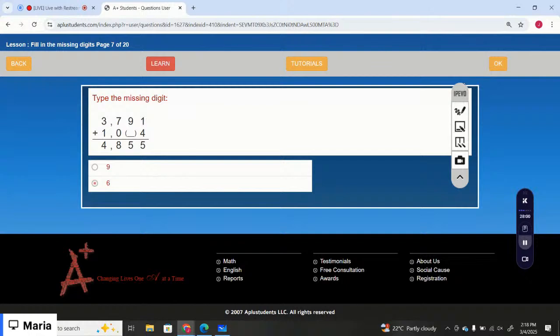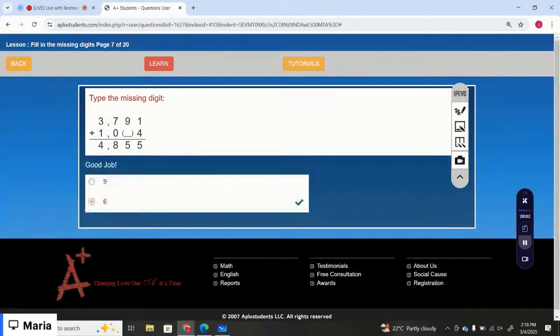That is 6. The missing number is 6. Very good.